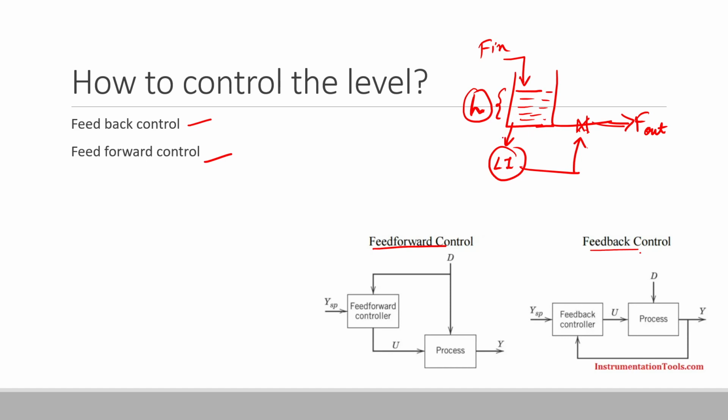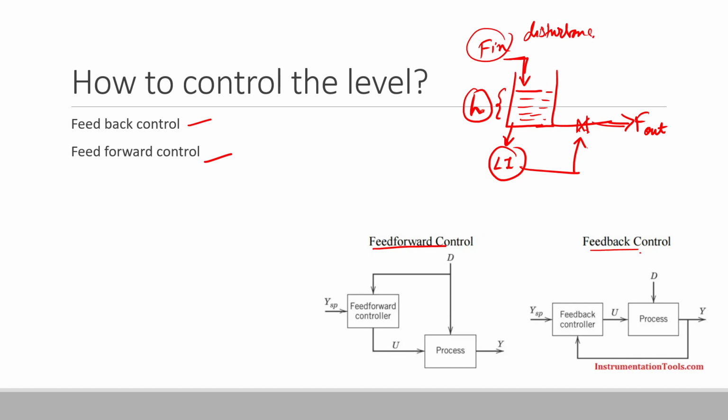Over here, since we are measuring the controlled variable, we are taking the feedback from the system. Let's say whenever any disturbance occurs, that is, if the flow in is increased, the level of this tank will start increasing.